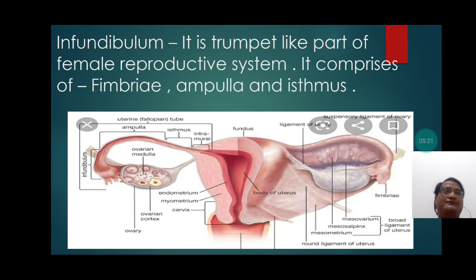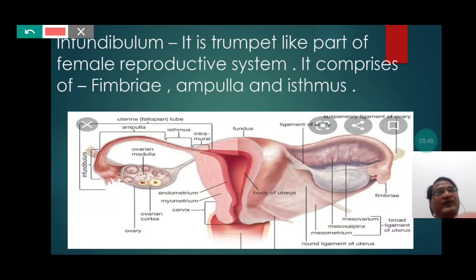Infundibulum. It is a trumpet-like part of the female reproductive system. It comprises fimbriae, ampulla and isthmus.